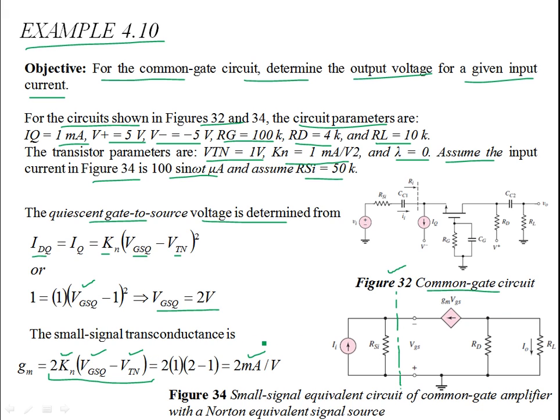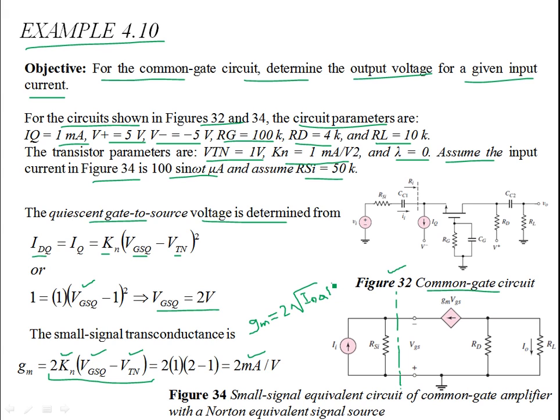Okay, but you can also find gm in terms of the drain current directly. You don't even need VGSQ for that, but it's one and the same thing. So this is also 2 times the square root of IDQ times Kn. Same thing, the result is the same.